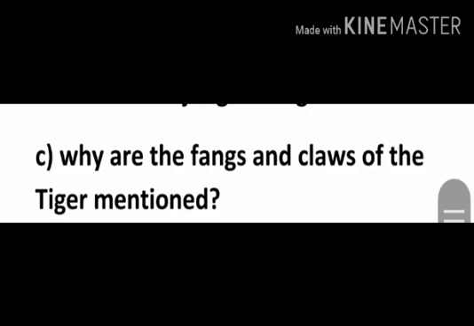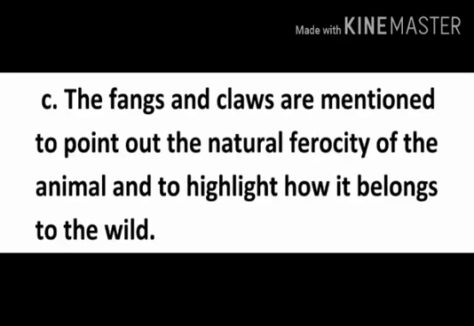Question number C. Why are the fangs and claws of the tiger mentioned? Answer. The fangs and claws are mentioned to point out the natural ferocity of the animals and to highlight how it belongs to the wild.